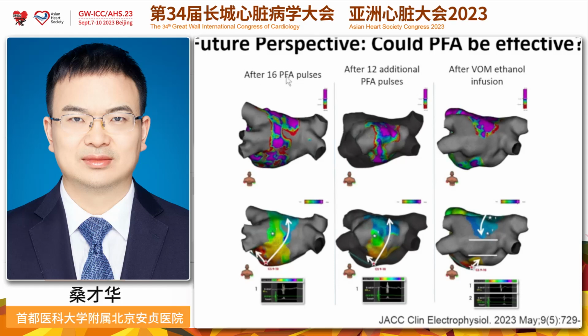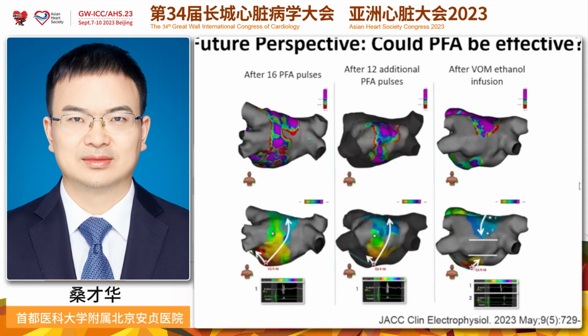After 16 PFA pulses, he checked and the conduction still existed. With another 12 additional PFA pulses, the posterior wall could not be isolated. So they did Marshall vein ethanol infusion. It at last achieved left posterior wall isolation.